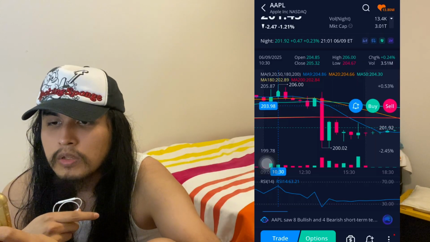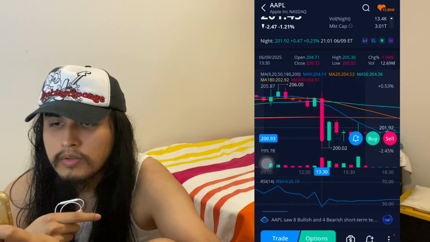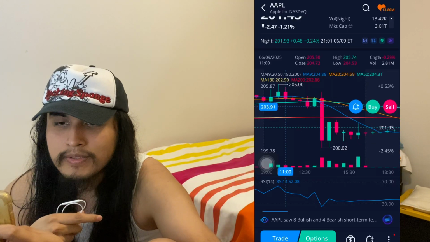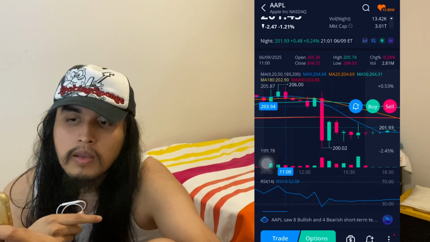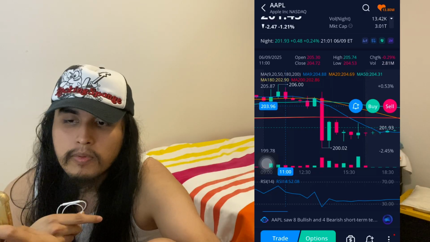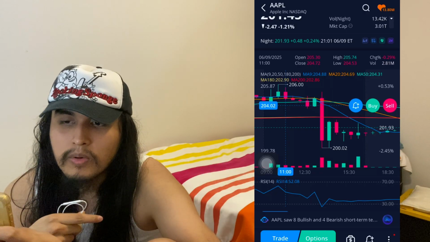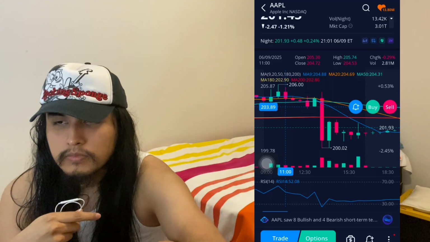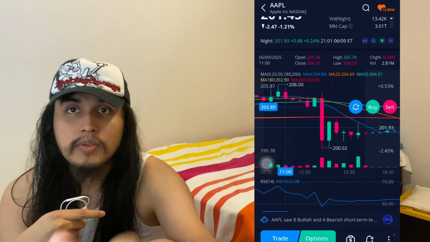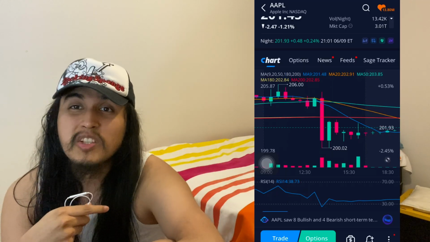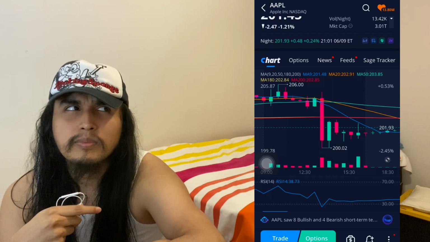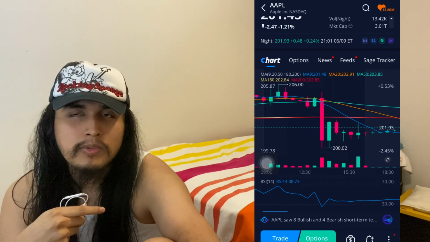So you could have waited for the rejection of the 20-day moving average, and you could have sold out at this little small support level around 203.98 or 0.89, and secured a little small gain there, and that way you're not struggling knowing where to sell.